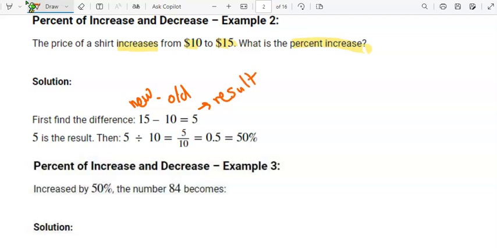Divide the result by the original amount, and that gives you 0.5. Change it to a percent. You get 50%. So it was a 50% increase.